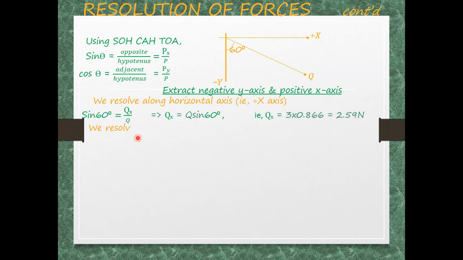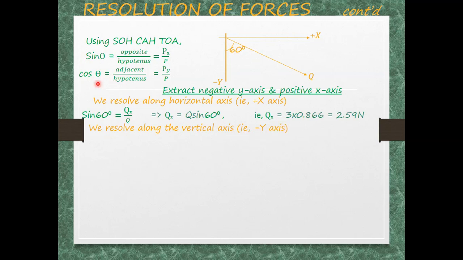So we'll quickly resolve along the vertical axis, and that vertical axis is the y axis, but this vertical axis is downward. So all the same, it's a vertical axis, but it's a vertical line. We go ahead to extract this, so that if we resolve along the vertical axis, we'll have minus y axis.